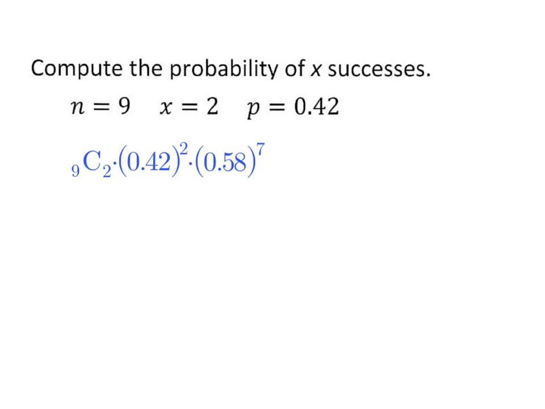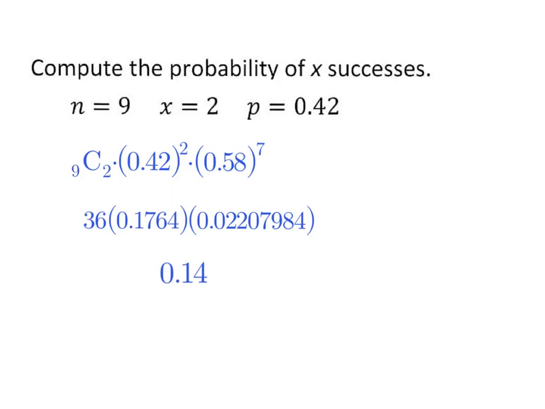Now, at this point, you should know how to plug this into your calculator, and then you just multiply this all out and see what you get, and that will tell you the probability. It's very likely that you entered all of this into your calculator anyway, which I'm not going to get hung up about. You should have gotten 0.14. How many had that? Okay, good.